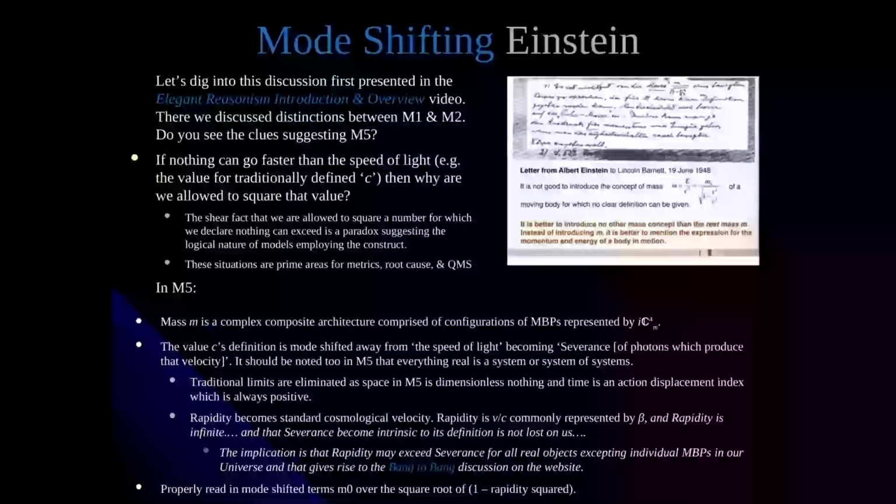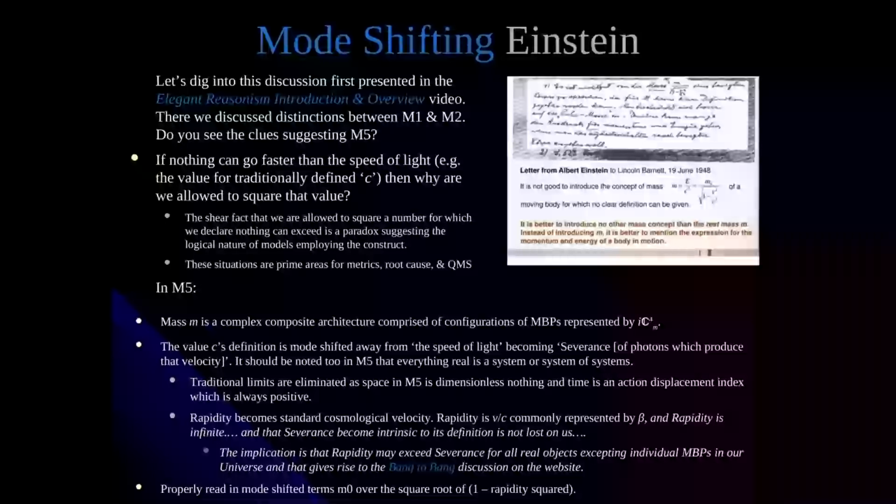The value C, when we mode shift that, gets reassigned from the speed of light to severance. That's an important thing, number one. Number two, it results in the same velocity, but the reason it's true is different. And there are some implications of that.